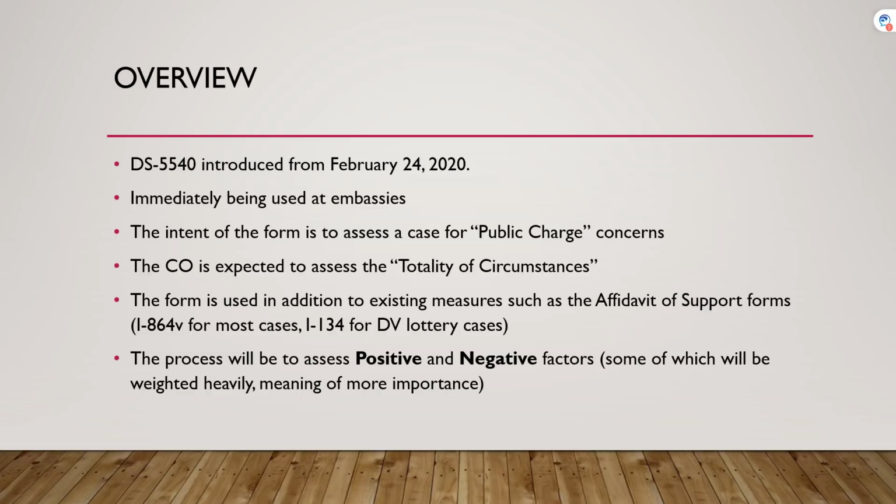So the intent of the form, as I mentioned here, is to assess the case for public charge concerns. Public charge means will you become dependent on public assistance or public benefit programs, and all immigrant cases for very many years, not just under Trump, not just under this new rule, all immigrant cases need to satisfy a standard that they will not become dependent on public assistance programs.